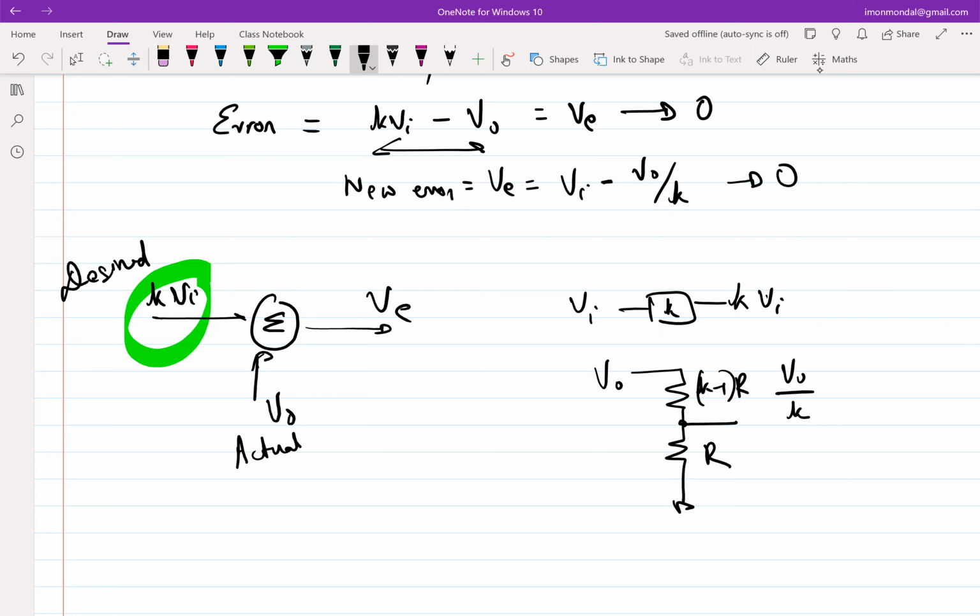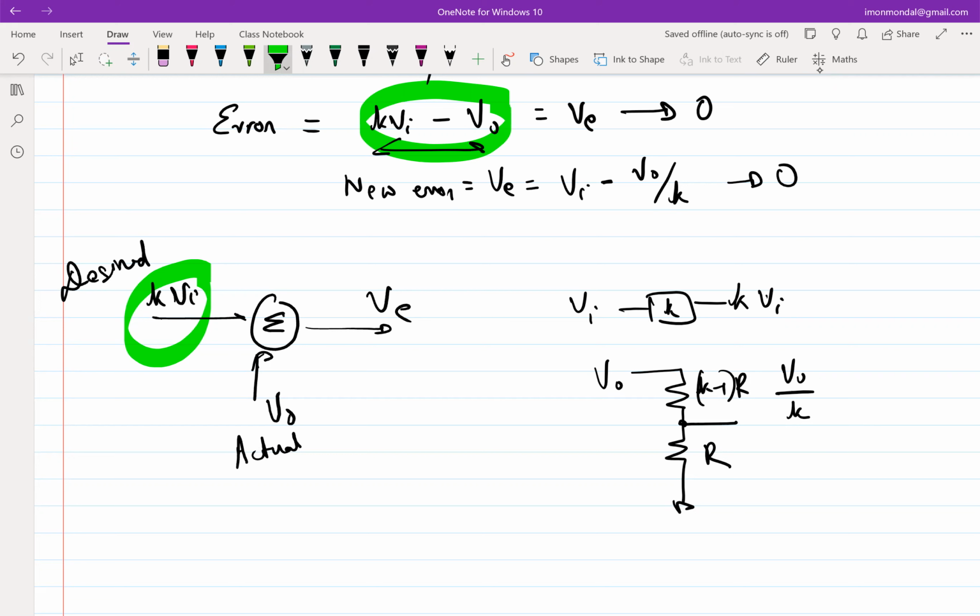You had a question? Yes. As far as the driving, the consequences if you drive both of them to 0 are identical, you will get V naught over Vi by K. But the issue is, if you want to realize this type of error voltage, you need KVI to start off. We don't have that.